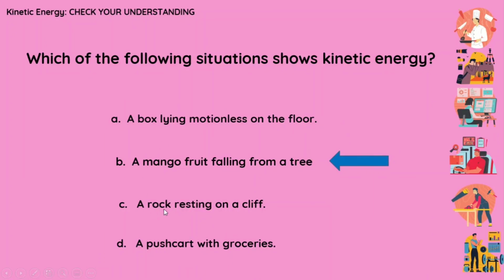Yung letter C, bato lang siya na nasa bangin. Letter D, nakalagay lang dito, pushcart na may mga groceries. But yung letter B, a mango fruit falling from a tree. Yung bunga ng manggang bumabagsak mula sa puno. So, kasalukuyan siyang gumagalaw. Energy of moving objects. So, meron itong kinetic energy.